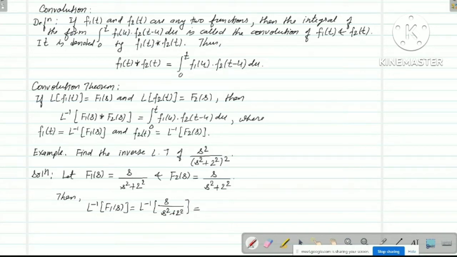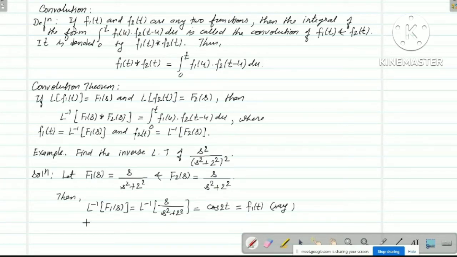So this is equal to cos 2t, and this is equal to f1(t). Why is this so? Because cos 2t is a function of t. We are taking the function F1(s), so corresponding to this, we have the inverse, small f1(t).